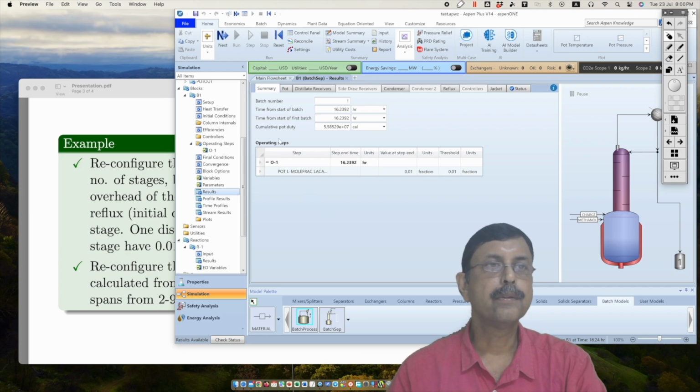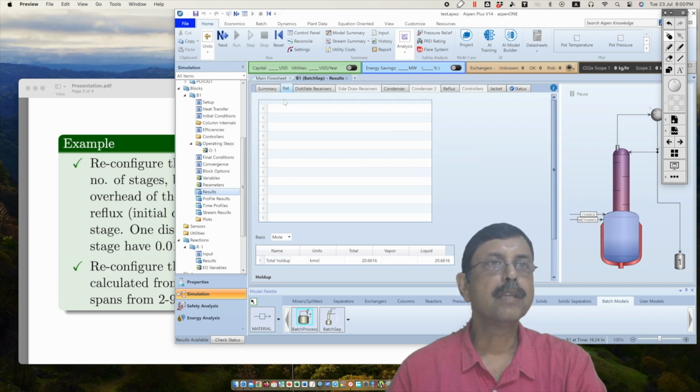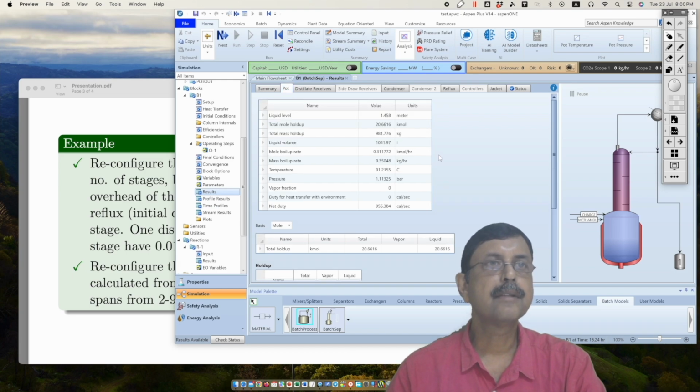Okay, so let us see what other changes we have arrived at. The pot dynamics is almost the same. It's not changed. The pressure is a bit high over here. Last time it was 0.2 or something. Now it is 1.01 atmosphere. The temperature is also higher.